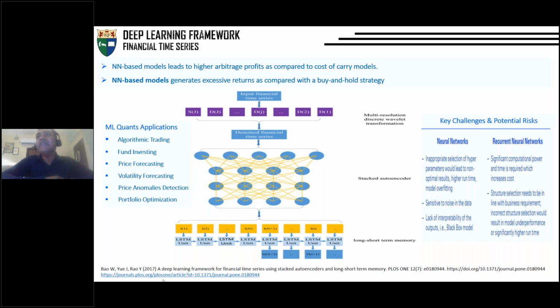Based on the signals, they estimate the network weights, learn the model weights, and then do some kind of prediction or forecasting, right?